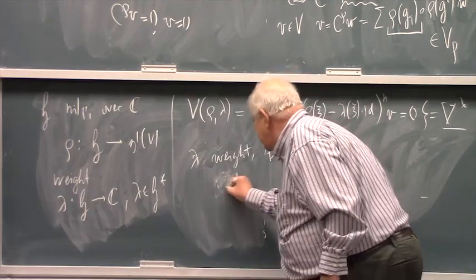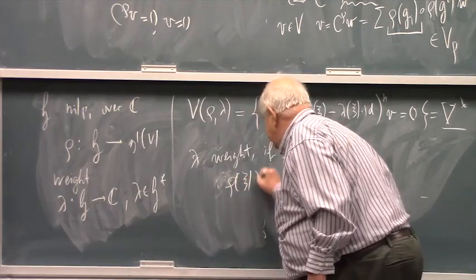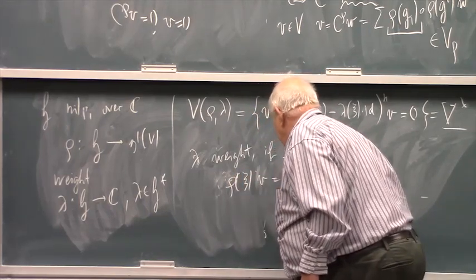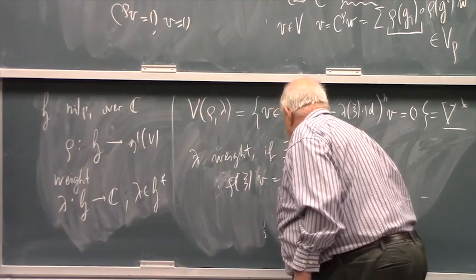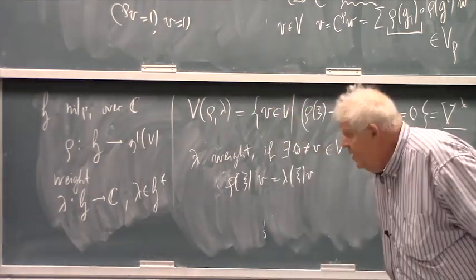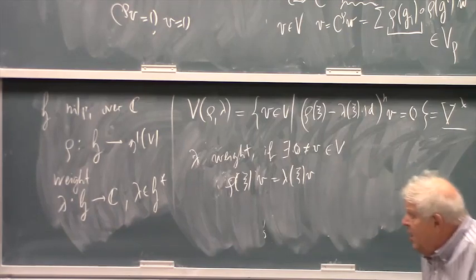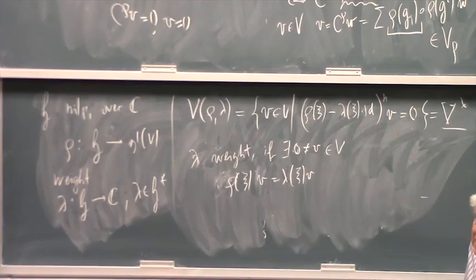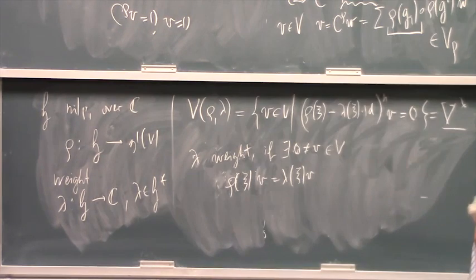I just require that rho of Xi V is lambda of Xi V. So V is an eigenvector of the operator rho of Xi with the eigenvalue equal to lambda of Xi. This should hold again for every Xi. Then I call lambda a weight and V a weight vector.